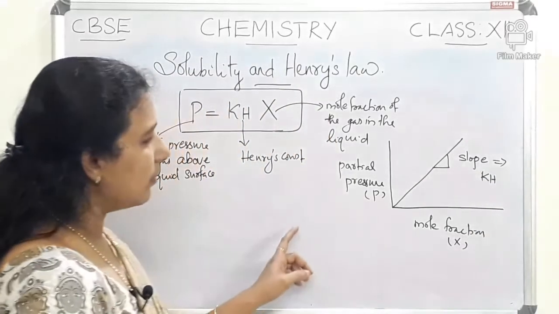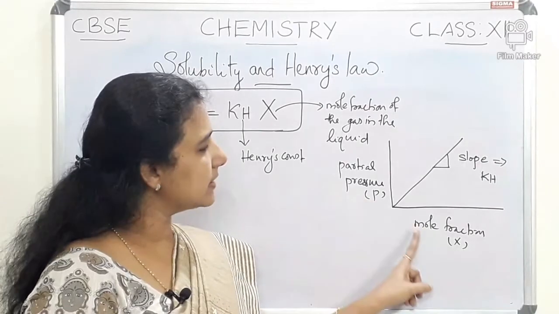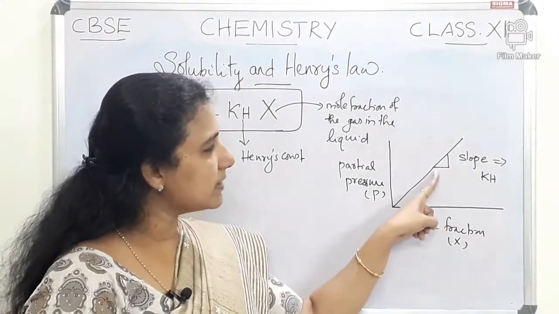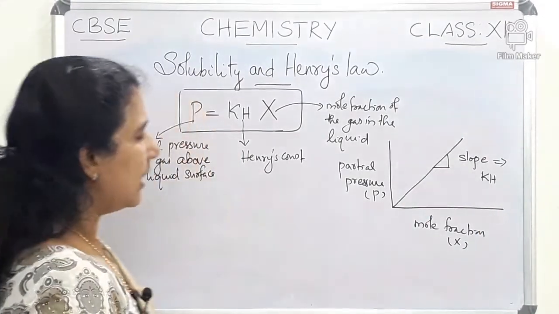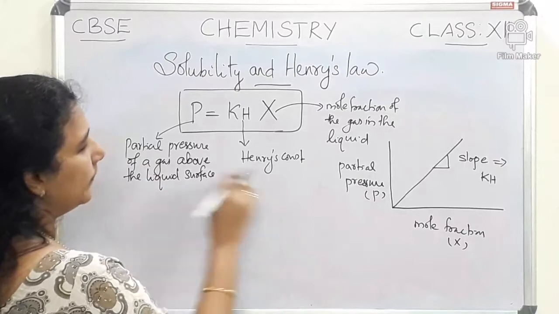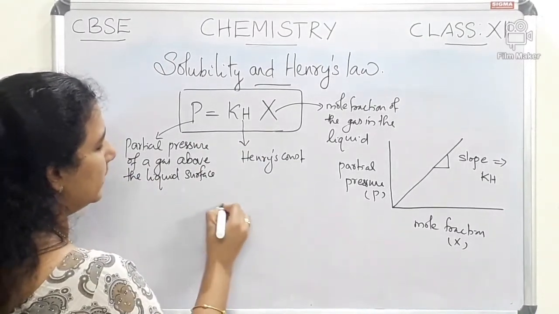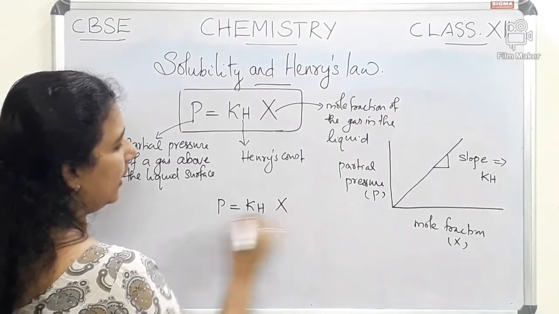If you are drawing a graph between partial pressure and mole fraction, since it is directly proportional, we will get a straight line, and the slope of this line will give the value of Kh. And this Kh value and mole fraction have a relationship, that is, we know that P is equal to Kh into X.